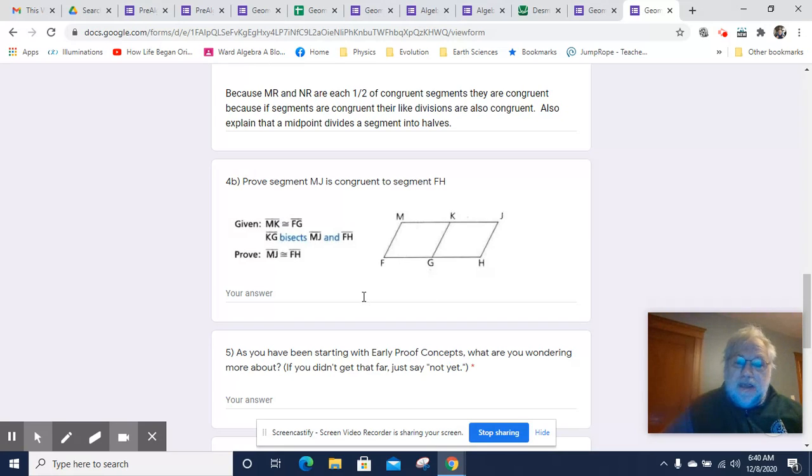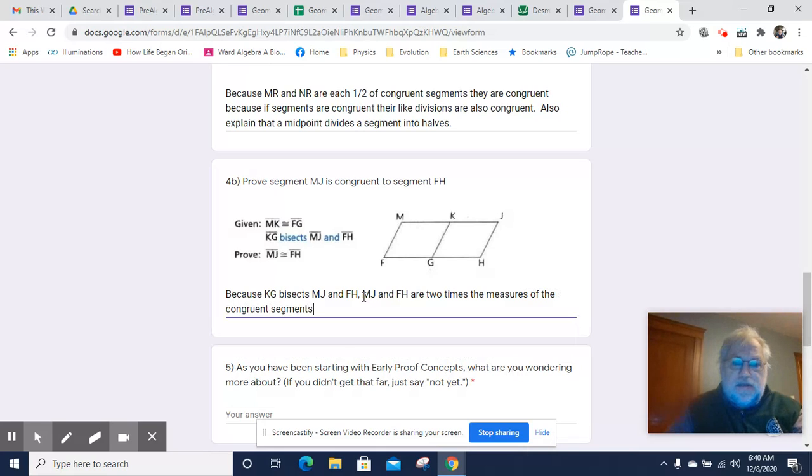So by multiplication, because KG bisects MJ and FH, MJ and FH are 2 times the measures of the congruent segments MK and FG.